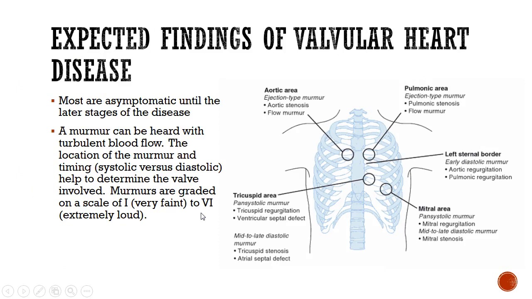Expected findings with valvular heart disease: most are going to be asymptomatic until later stages of the disease, and most valvular heart diseases you're going to have a murmur, and the murmur is going to be heard typically in the area of the valve that is affected.